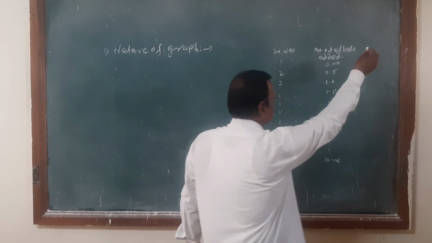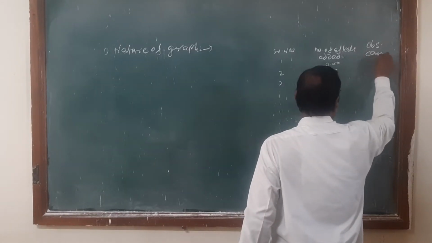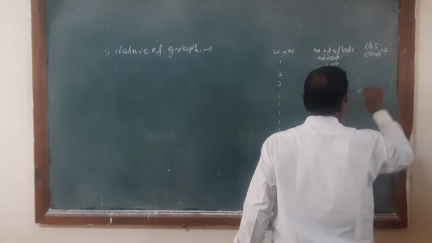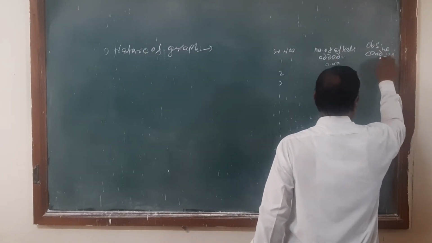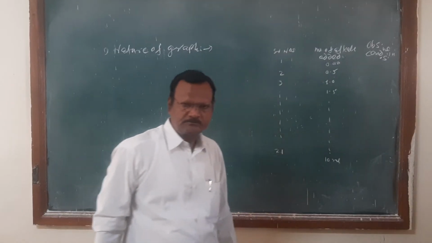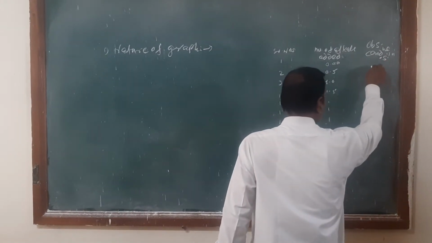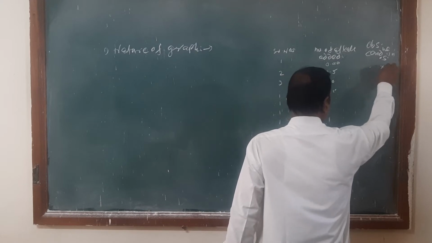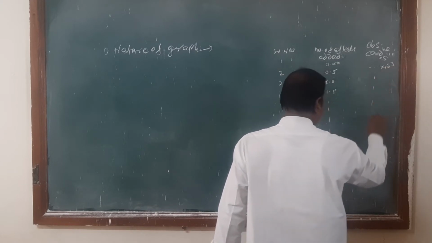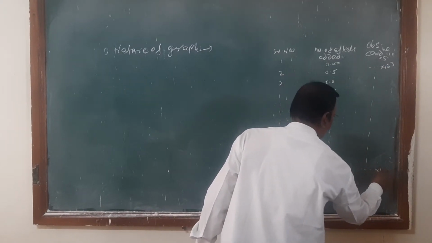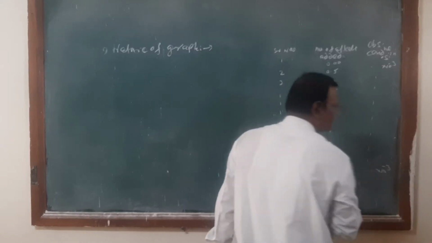Let me now tell about the last column, that is observed conductance in Siemens. Those readings are represented as dash into 10 raised to minus 3, up to dash into 10 raised to minus 3.